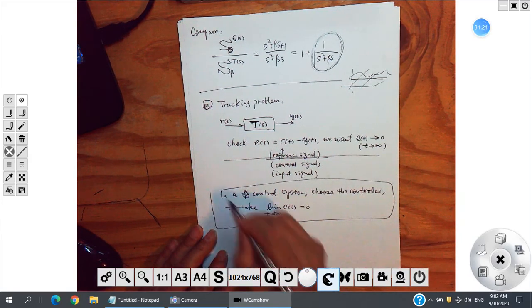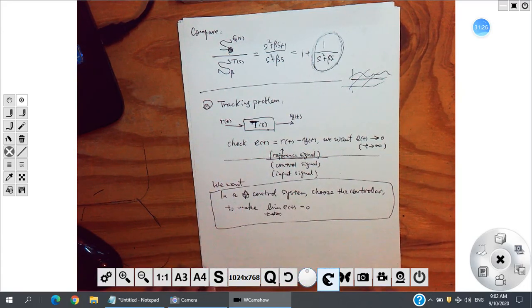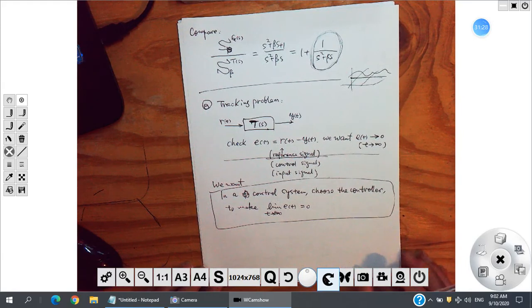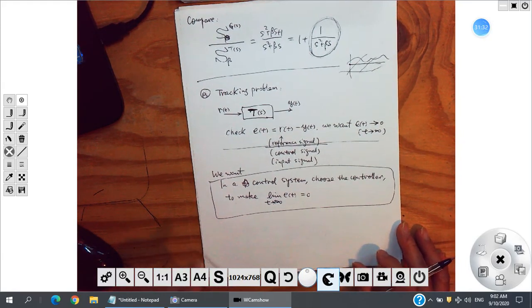Yeah, this is what we want. If we want this, sometimes we can have it, but sometimes we cannot. That depends on the system. We call this the tracking problem.